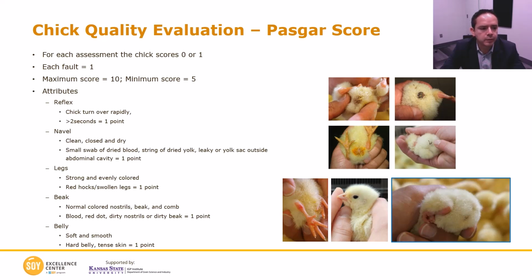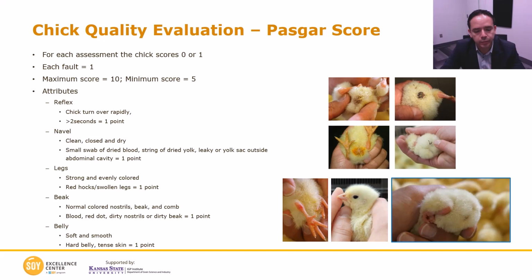The navel needs to be clean, closed, and dry. A small swab of dry blood, a string of dry yolk, leaking, or yolk outside the abdominal cavity is going to be 1 point. The legs need to be strong and evenly colored. With red hocks or swollen legs, the chick gets a point.